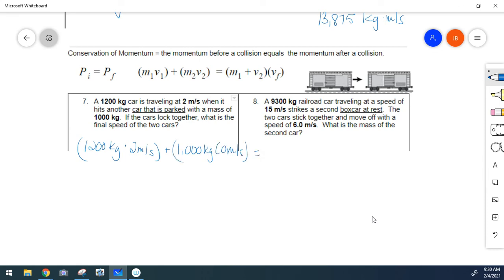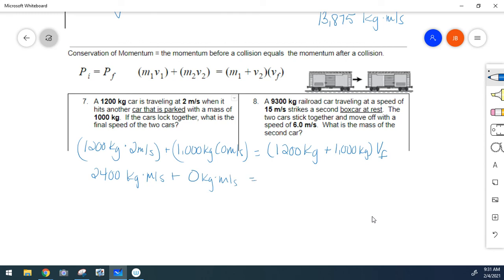And then that's going to equal, we got to combine the masses. So that's going to be 1,200 kilograms plus 1,000 kilograms, right? And then times final velocity, which is what we're trying to figure out. So we're going to say 1,200 times 2, and we're going to get 2,400 kilograms times meters per second. This one will obviously be 0 because anything times 0 is 0.